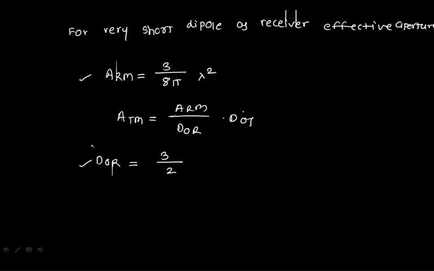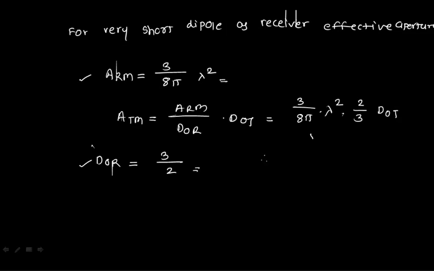Based on that we can analyze that this is the effective area and this is the directivity. If you put all these values over there, your ATM is ARM, which is 3 by 8 pi into lambda square, divided by DOR, which is 3/2, so it will become 2/3, and this is the DOT. If I'm going to solve this one, 3 will get cancelled.